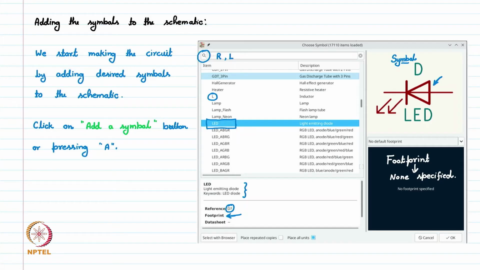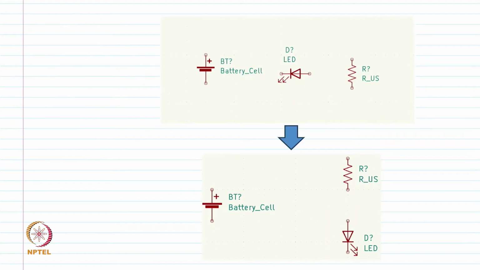So once we pick up our component, let's say we have one LED, we choose this particular LED symbol, we click on this OK, then this will be added to our schematic window, which looks something like this.